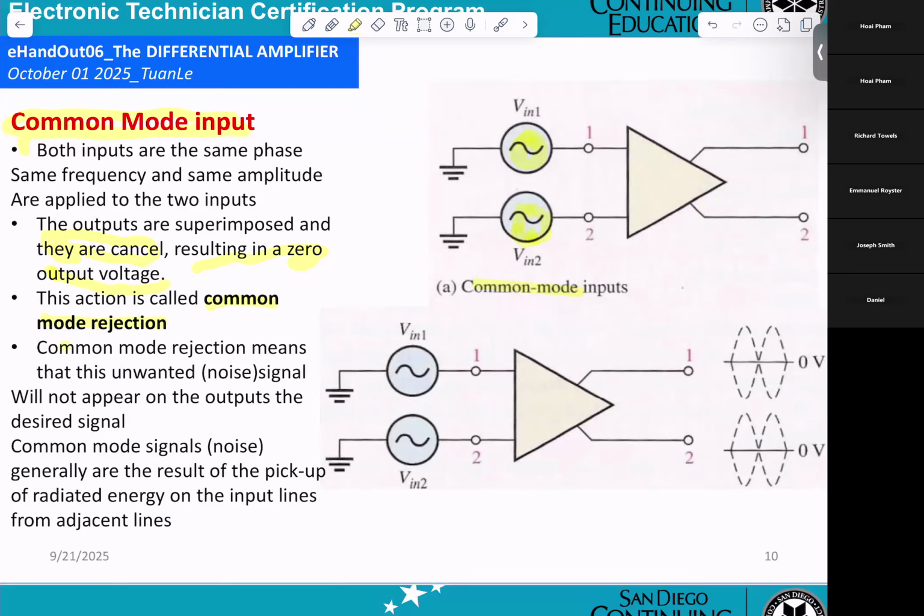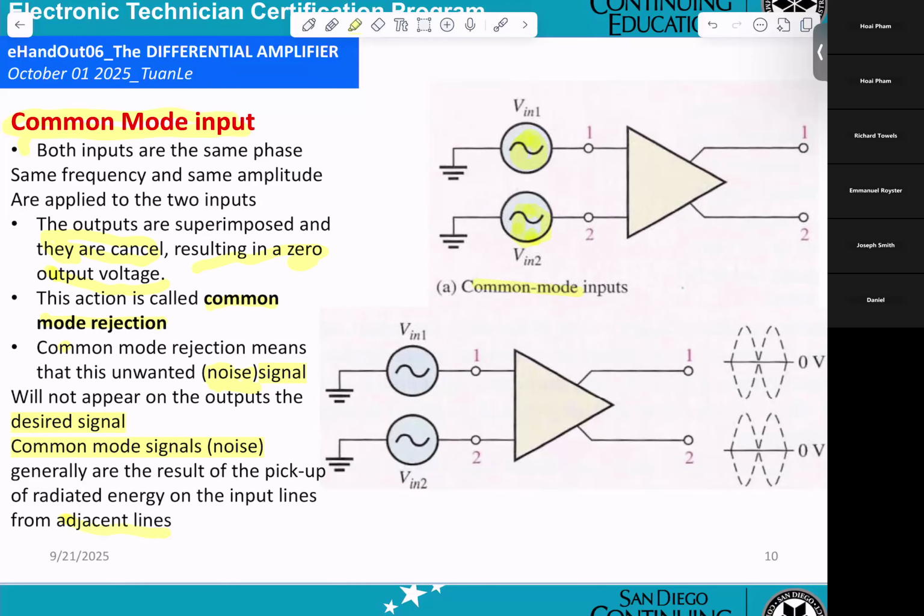Okay? Common mode rejection means that the unwanted signal, that means the noise, will not appear on the output, only the desired signal. Common mode signals, that means the noise, are generally the result of the pickup of radiated energy on the input line from adjacent lines.